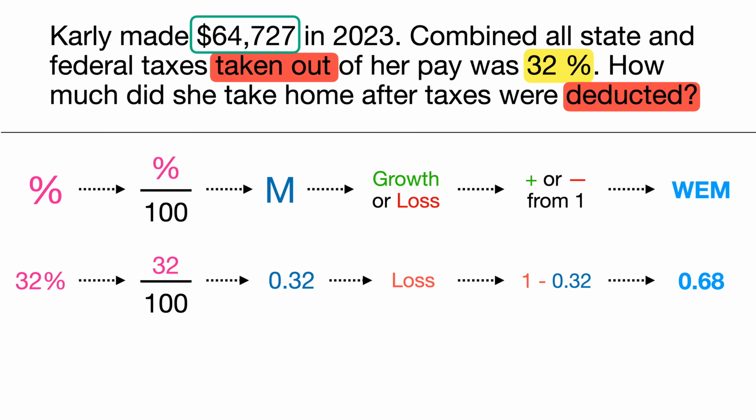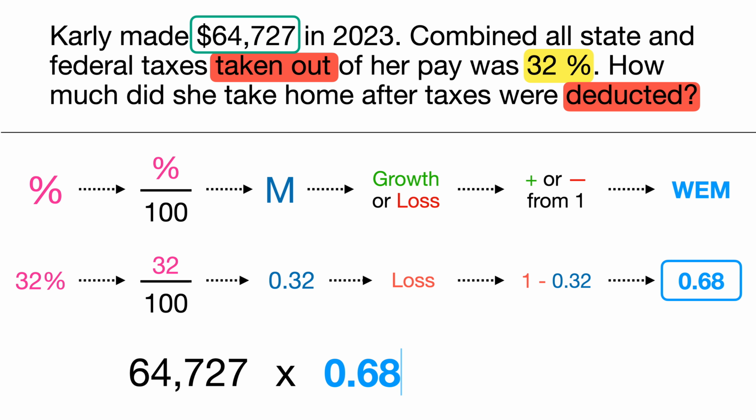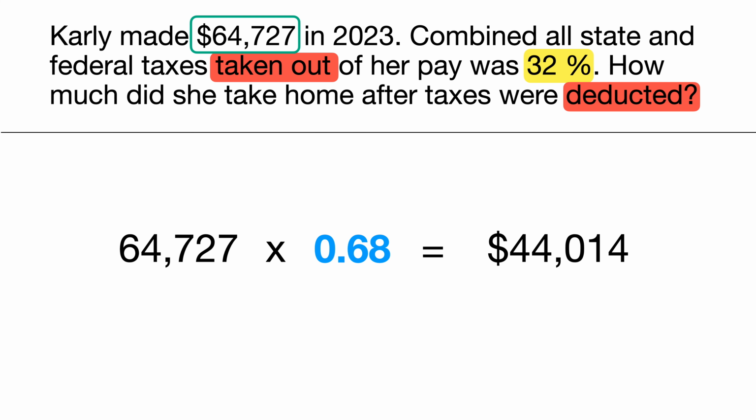Same thing now: we take our original account value of $64,727 times our whole equation multiplier of 0.68, and that gives us our new account value of $44,014. Separating it from the noise and looking at these three things again: the old account value, the whole equation multiplier of 0.68, which is like 68%.